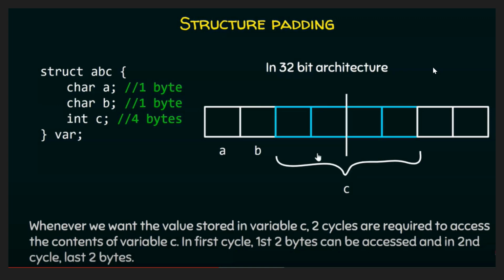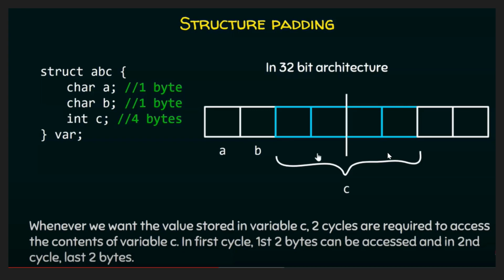When we look at this structure here, struct ABC, we have three variables: char A and char B, which are both 1 byte in size, and then int C, which is 4 bytes. This is A, and this is B, and then the bytes of C are highlighted in blue here: 1, 2, 3, 4.